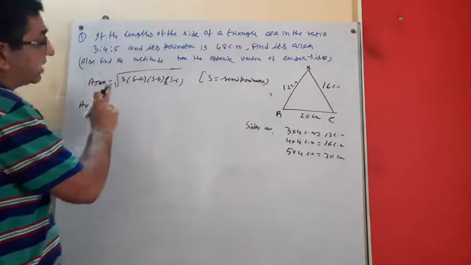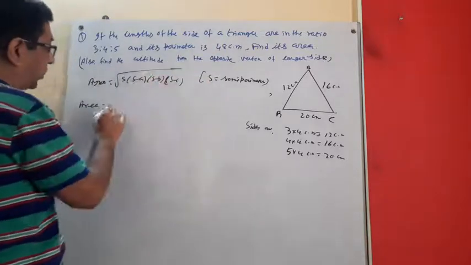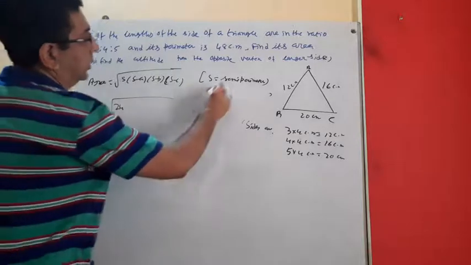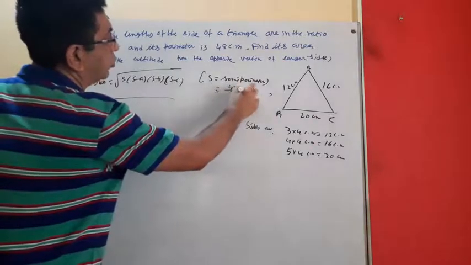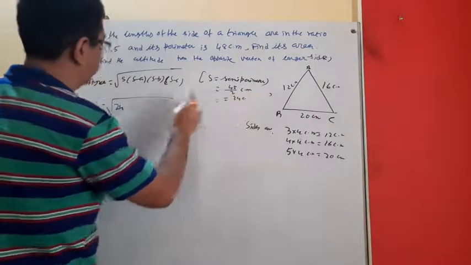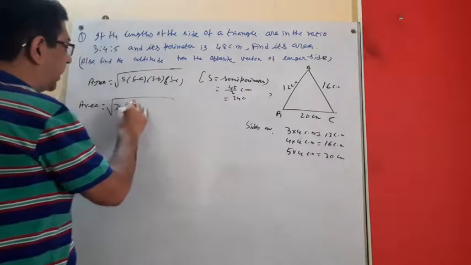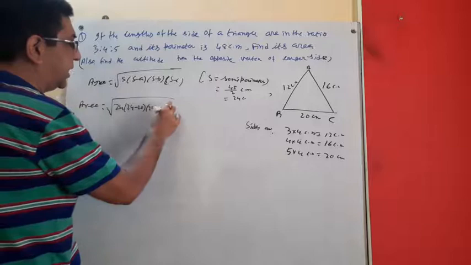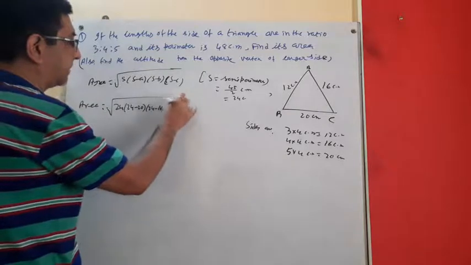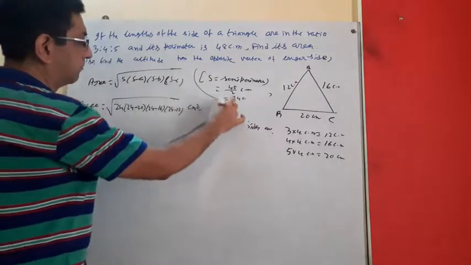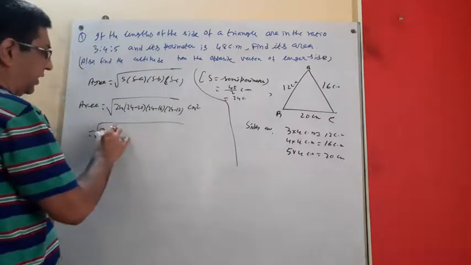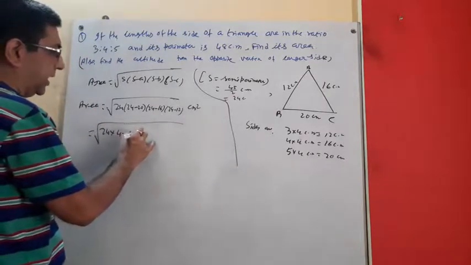Perimeter is 48, so s is 24, 48 by 2 centimeter, that is 24 centimeter. So 24 into 4 into 8 into 12.